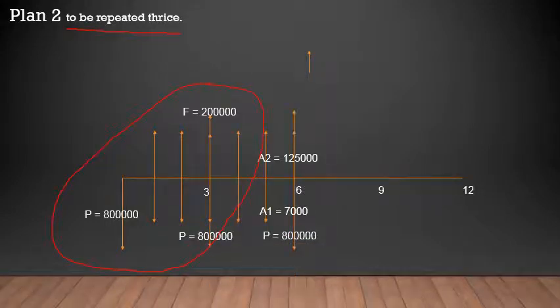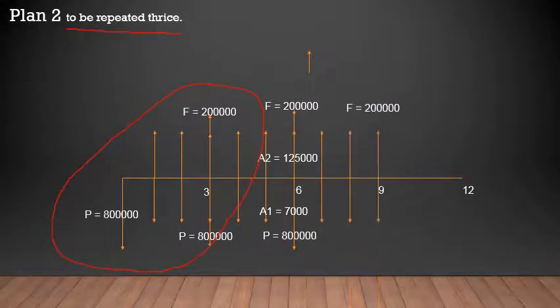Once it starts, its operating costs, its revenue, salvage value, everything will come into picture. The second machine stops at the end of year 6 and the third machine will start, and it will have its operating cost and its revenue.